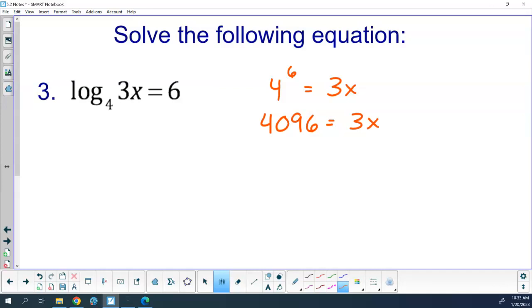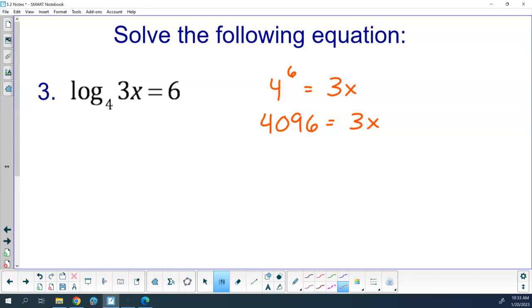4, 13, 19, not divisible by 3. Did you know that trick? If you add up all of the digits of a number, if that sum is divisible by 3, then the number is divisible by 3. Only for 3.